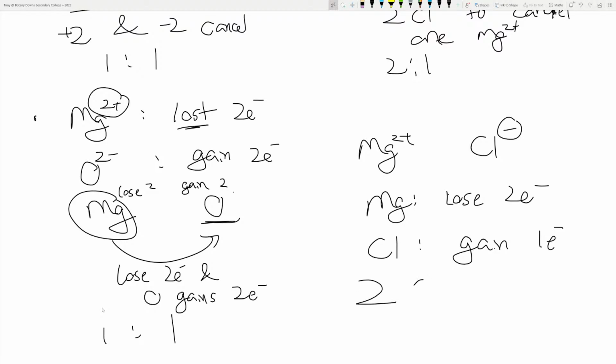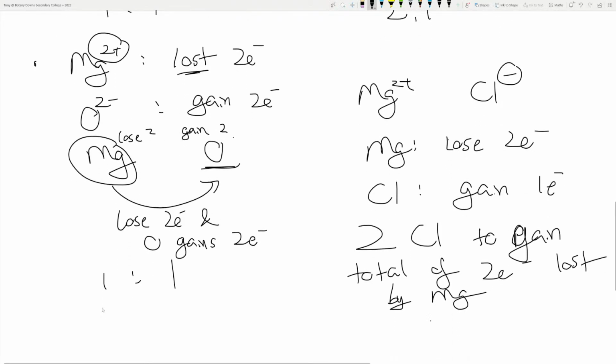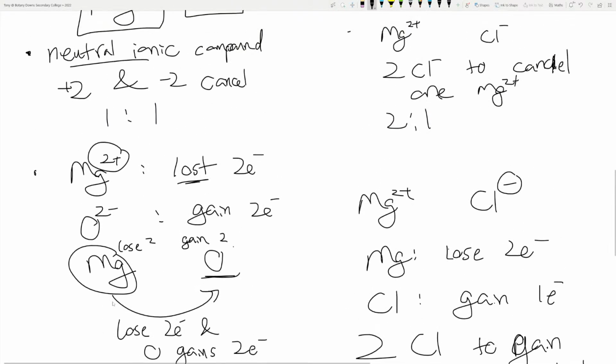So you need 2 chlorine atoms to gain the total of 2 electrons that is lost by magnesium. So that is why the ratio between these is 2:1. If you do either one of these 2 bullet points, because I marked this standard for like 3 to 4 years, that's a merit. If you do both of them comprehensively, that's excellence.